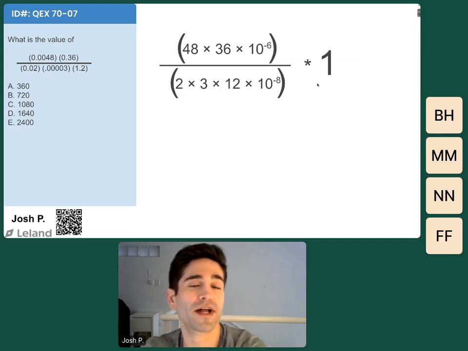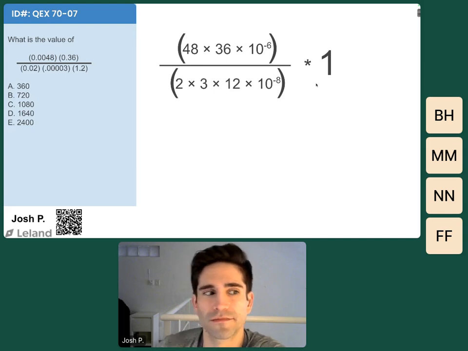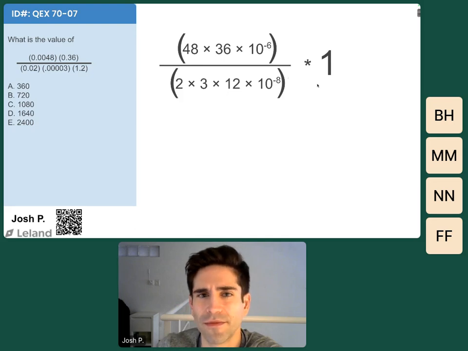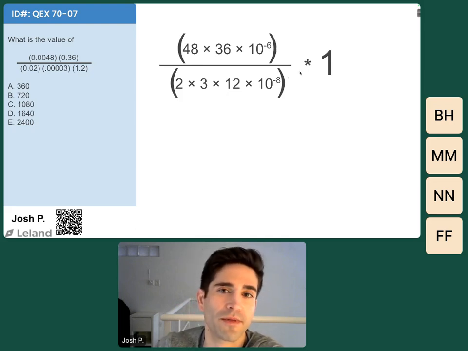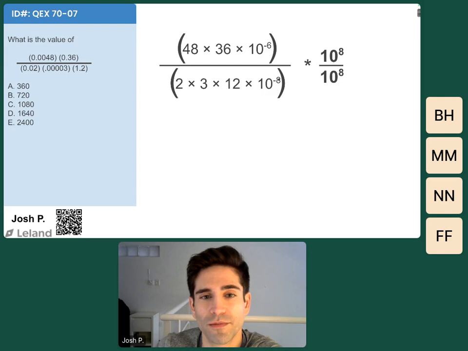Now we can multiply the fraction by 1 and respect the value of the fraction itself. And we are going to multiply by 1 in a way to make our lives easy. Essentially, multiplying top and bottom by 10 to the 8th. That way, the purpose is to remove this 10 to the minus 8.